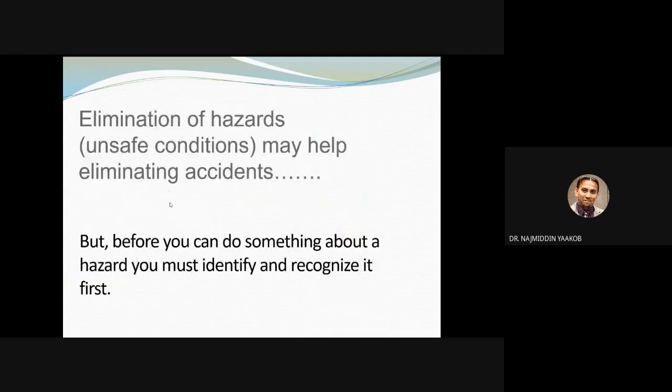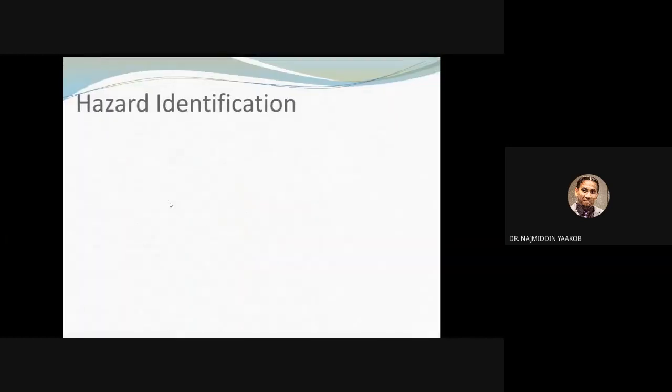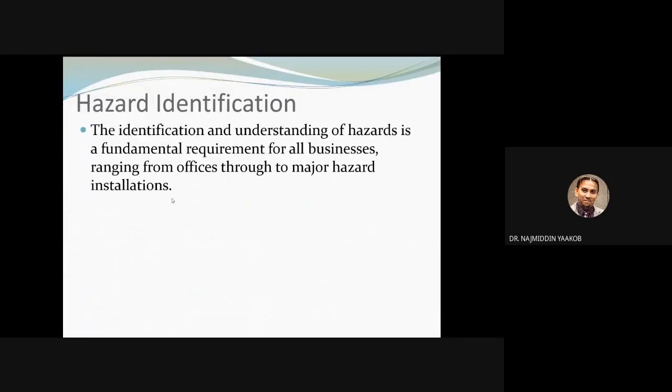So you need to eliminate the hazard in order to eliminate the accident. But before you can eliminate the hazard, you need to identify and recognize the hazard first. Hazard identification, to understand the hazard, is a fundamental requirement for all business.